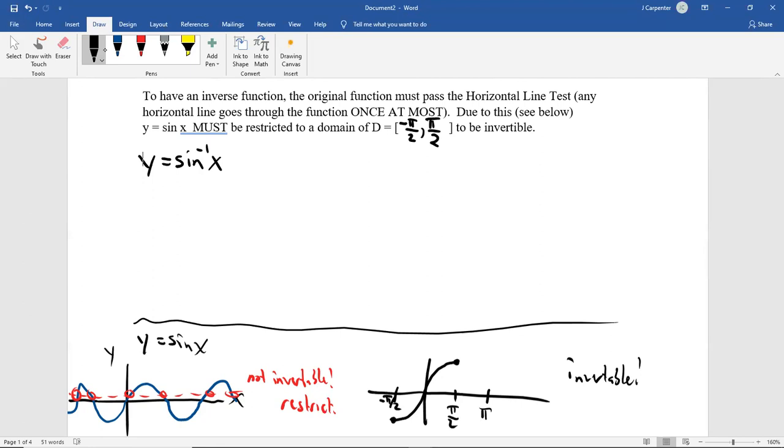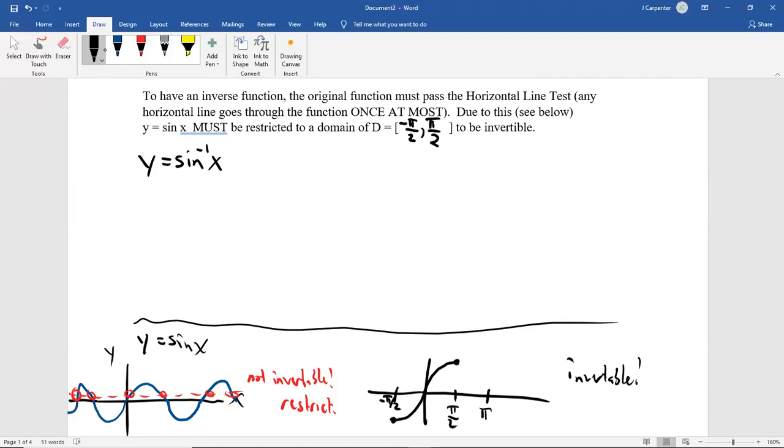All right, so this is read as y equals inverse sine, or sine inverse, of x. So when you do the inverse of a function, everything swaps. X's and Y's swap, which means inputs and outputs swap, which means domains and ranges swap.